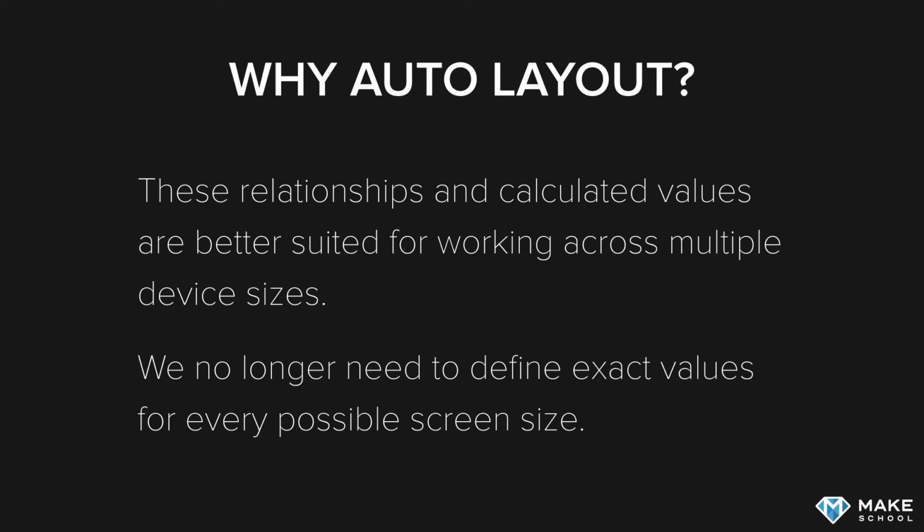But these days, there are a lot more different device sizes that are still being used out in the real world. And it's nice as a developer to not have to manually adjust the values and placements of everything on every screen to be sure that it will fit and work for everyone on different devices. So let's take a closer look at how this works.